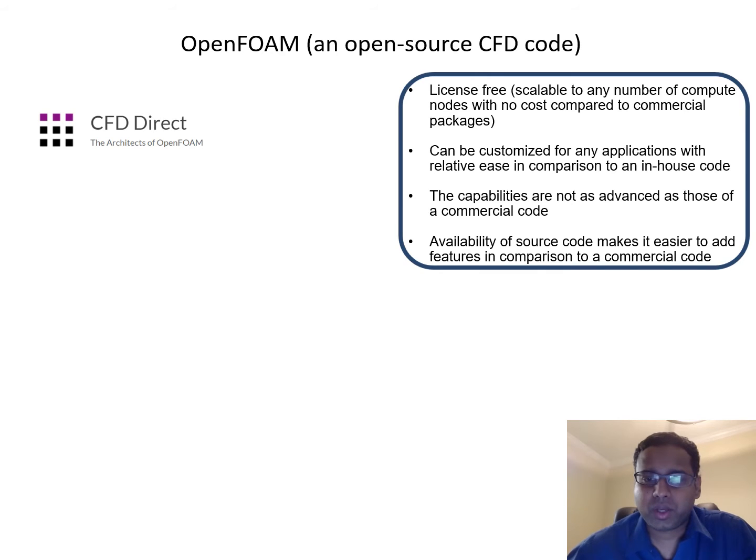And this could be customized for any applications with relative ease in comparison to an in-house code. The capabilities are not as advanced as those of a commercial code. However, the availability of source code makes it easier to add features in comparison to a commercial code.